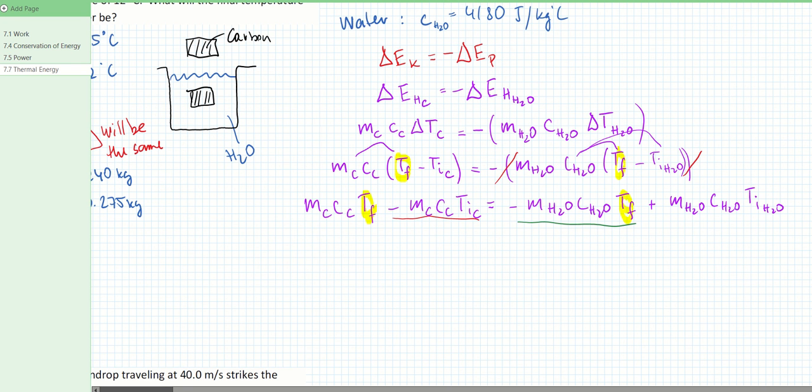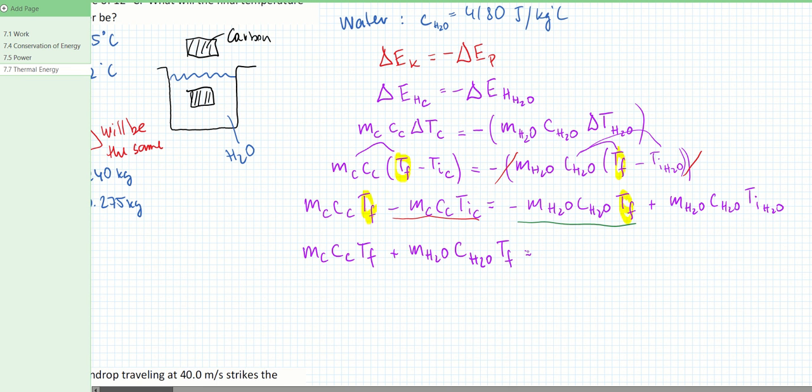Sorry, the other way around. The red one will move to the right, the green one will move to the left. So let's do that. So the mass of carbon, specific heat of carbon times the final temperature plus the mass of water, H2O, times the specific heat of water, H2O, times the final temperature.